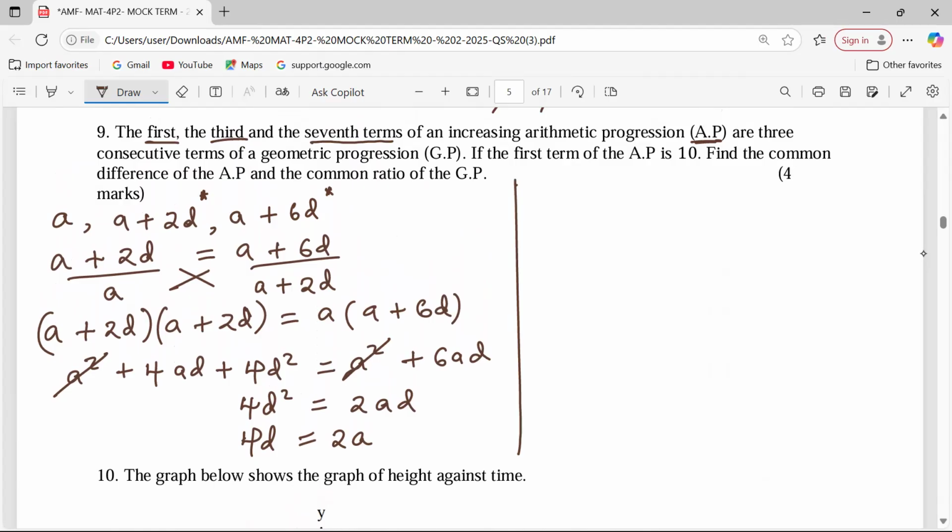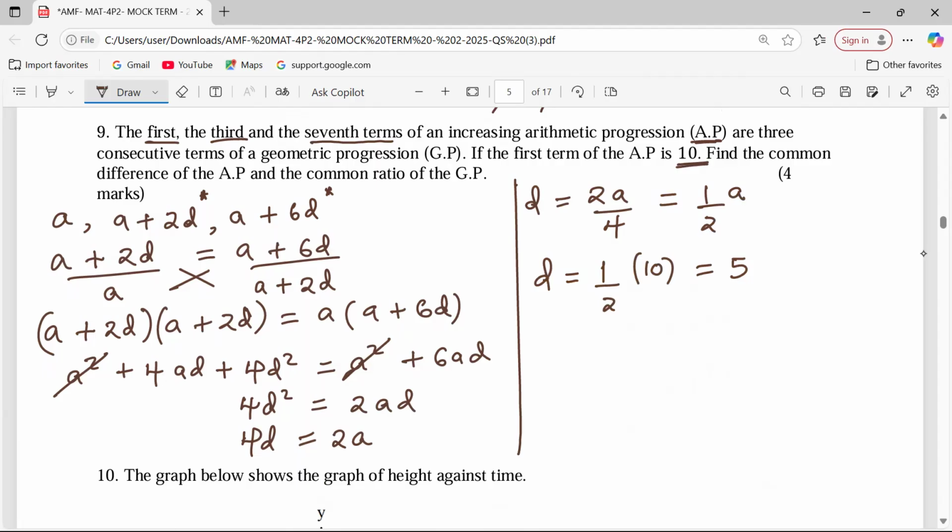So how shall we remain with D? By taking 2A over 4, which means half the value of A equals D. The value of A has already been provided. The first term is 10. So the value of D is 5.